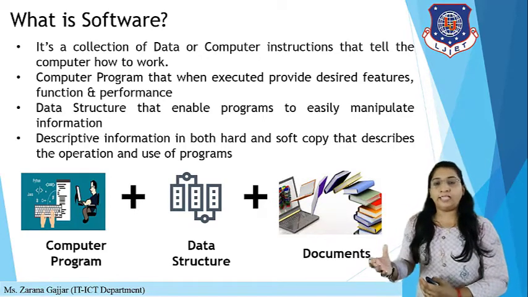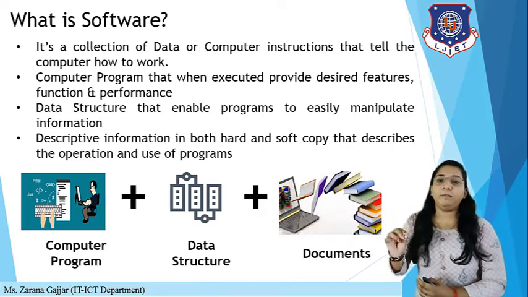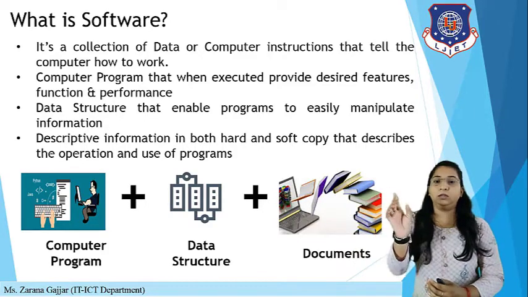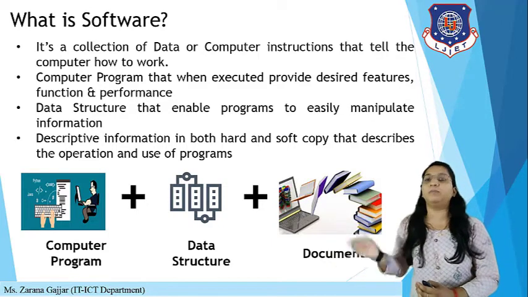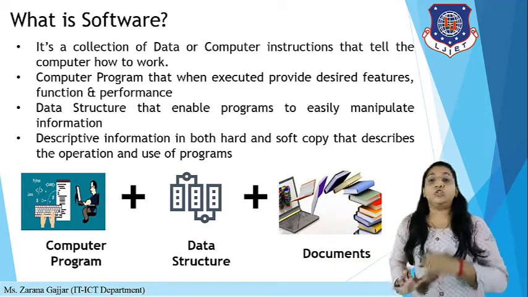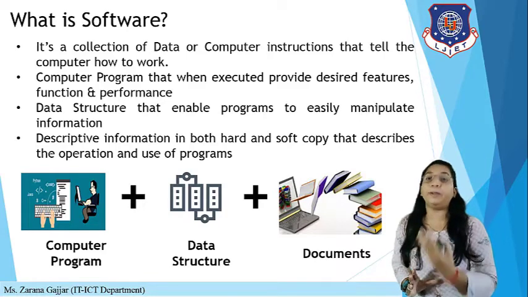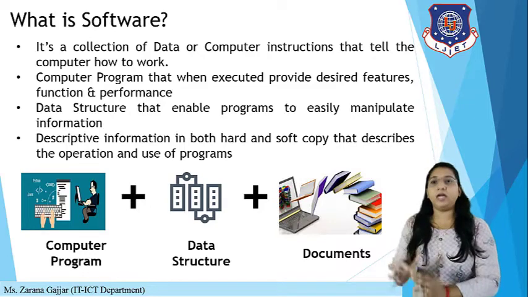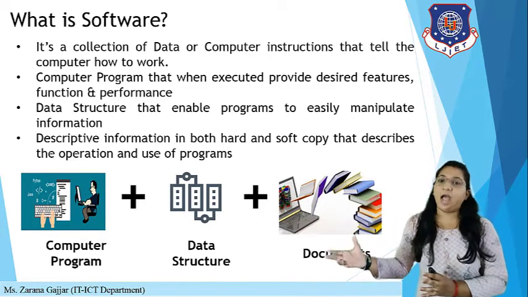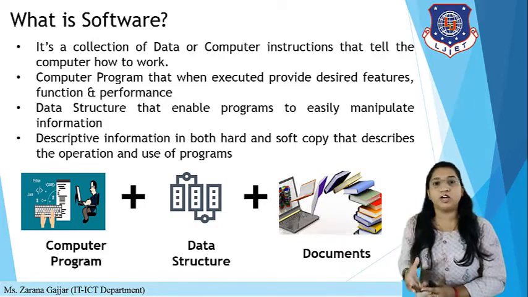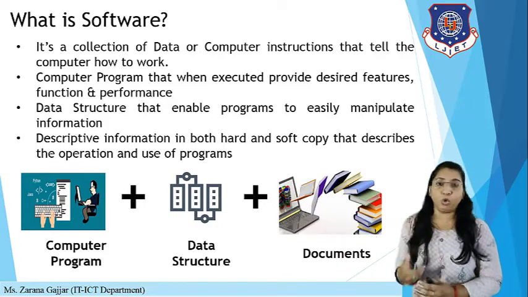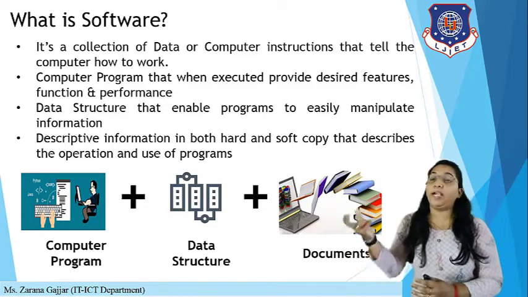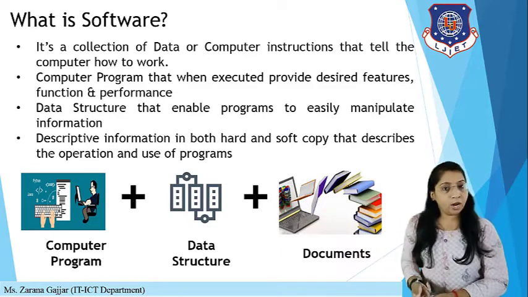For example, in a calculator I am adding some numbers. I enter one number, click on the addition button, enter another number and click on the equal to button. I am giving an instruction to my mobile phone to calculate the addition of the given numbers. Similarly, software is a collection of data or computer programs or instructions that tell the computer how to work, and a computer program that, when executed, provides desired features, function and performance.